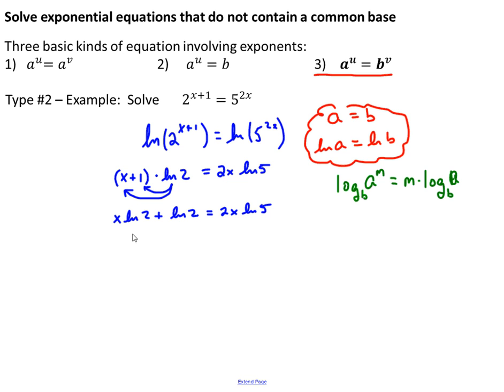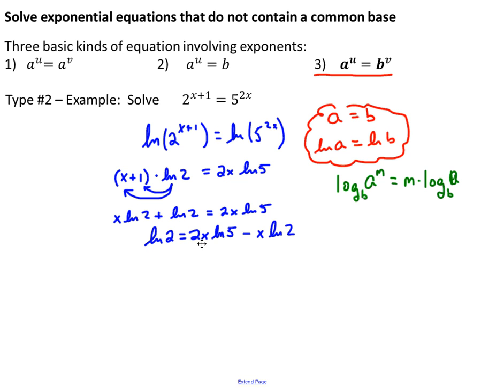So if I subtract x natural logarithm of 2 from both sides, I'll get the natural logarithm of 2 is equal to 2x times the natural logarithm of 5 minus x times the natural logarithm of 2.